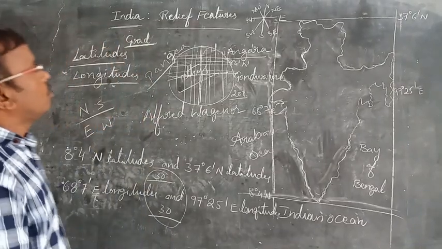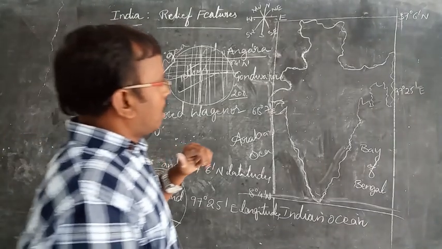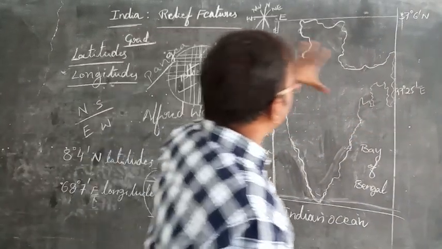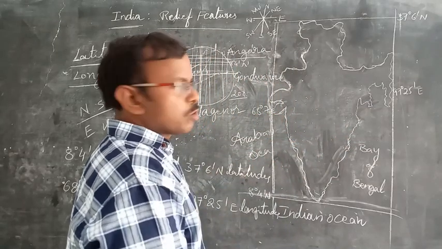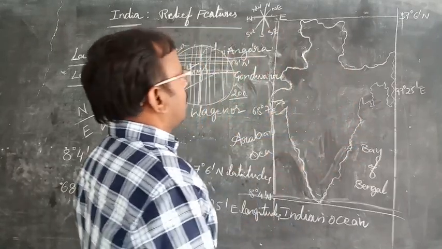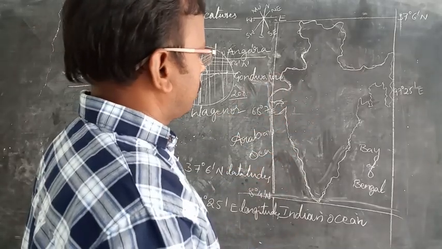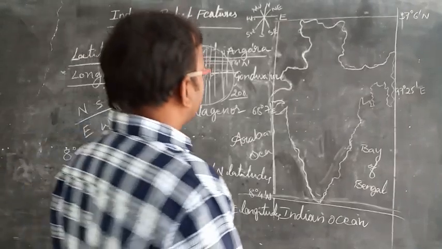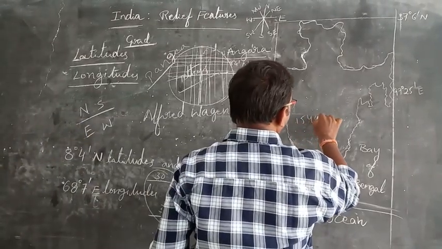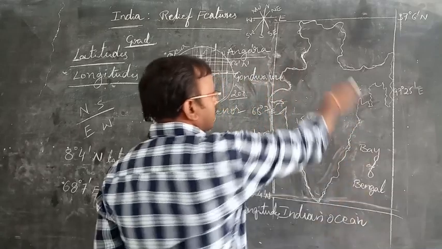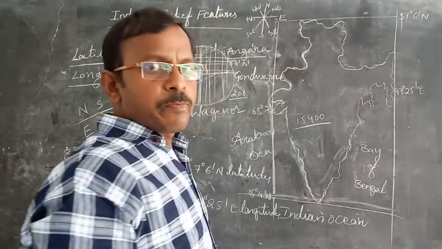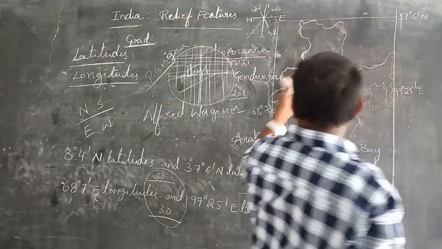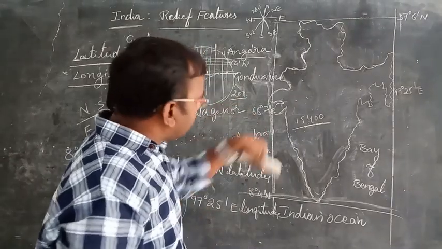Okay, and now we will see the total land frontier of India. The total land frontier is 15,400 kilometers, which means the total distance along the border.